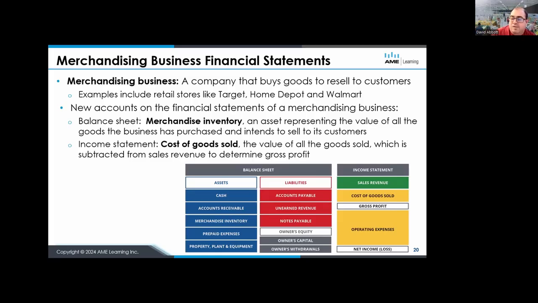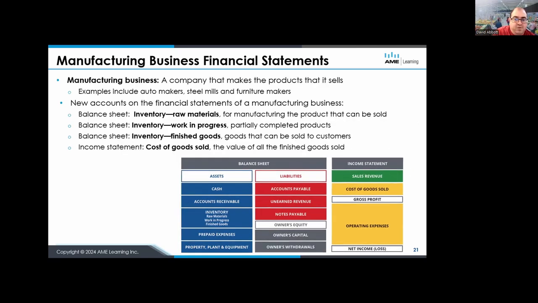On the income statement, we have what is called cost of goods sold, which is the value of all of the goods that have been sold. That gets subtracted from our sales revenue to determine the gross profit, which is then used to cover all of our other operating expenses, and then we get our net income or net loss, what we have left over.